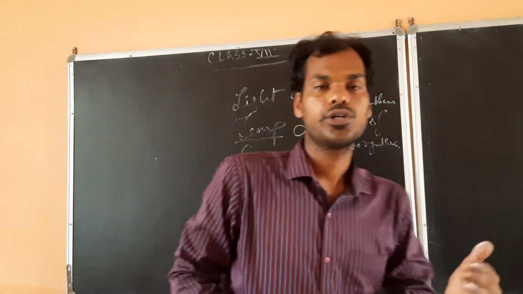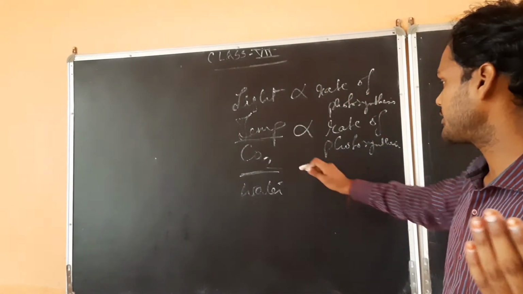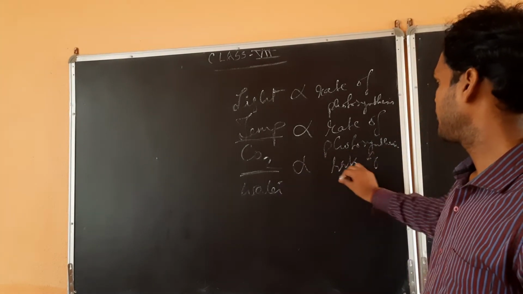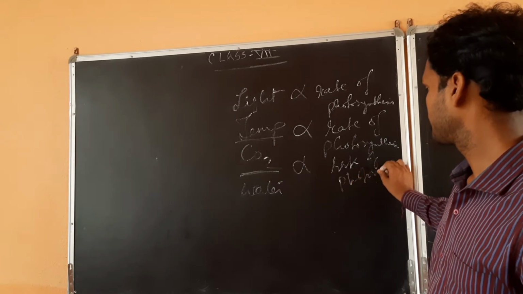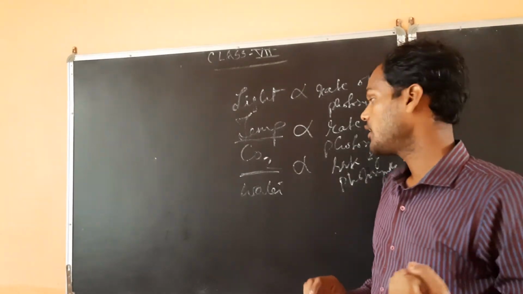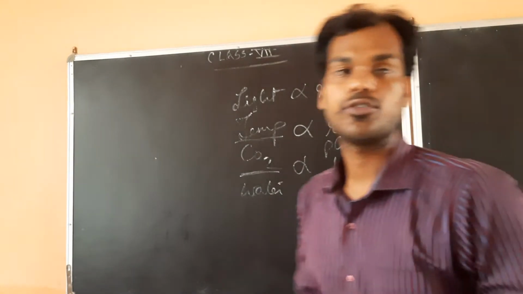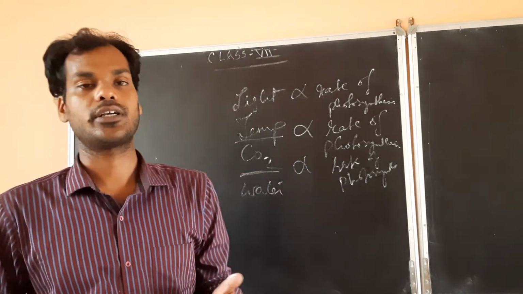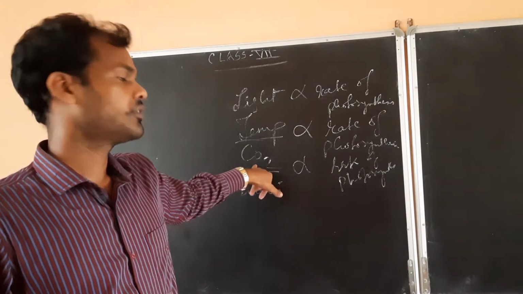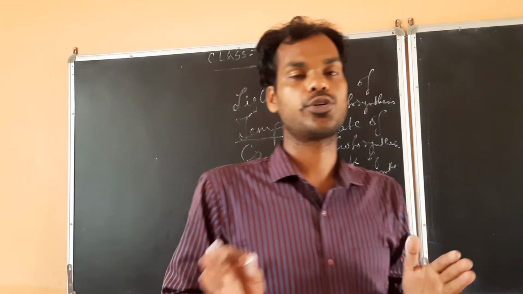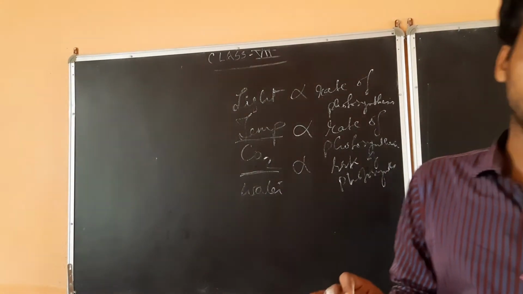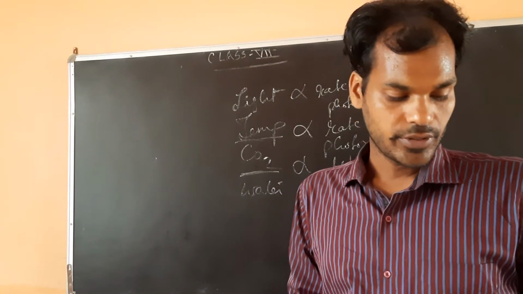More CO2 will enhance the rate of photosynthesis and less CO2 will decrease it, so CO2 is also directly proportional to the rate of photosynthesis. And we have water. If the concentration of water is more, the rate of photosynthesis will be more. Here also, if the concentration of CO2 is more, the rate of photosynthesis will be more. So these are some of the factors affecting the rate of photosynthesis.